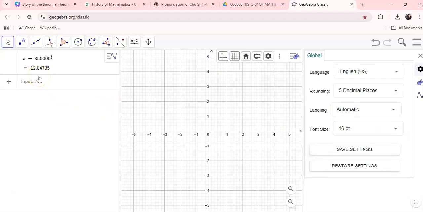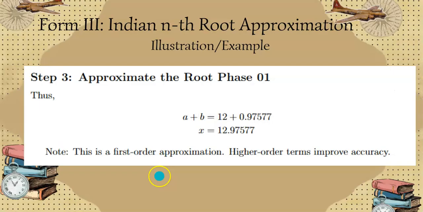Alright, so the fifth root of 350,000 is approximately equal to 12.84735. So our approximation of 12.97577 is slightly off, because the fifth root of 350,000 is approximately equal to 12.84735.